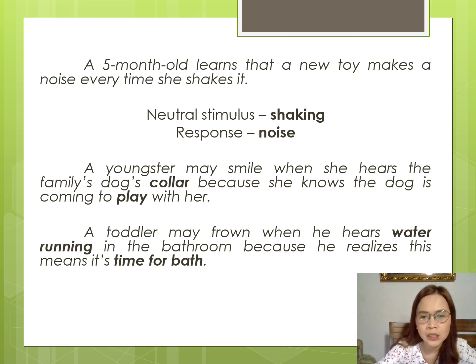So, may association ng dalawang event na nung una, wala silang kinalaman sa isa't isa, pero through continuous repeated pairings, nagkaroon sila ng association. Nagkaroon sila ng relationship sa isa't isa. Kaya, na-condition ka that you learned na kapag nakita mo, narinig mo yung stimulus na yon, therefore, kasunod na yung susunod na stimulus, na which is associated dun sa naunang stimulus.